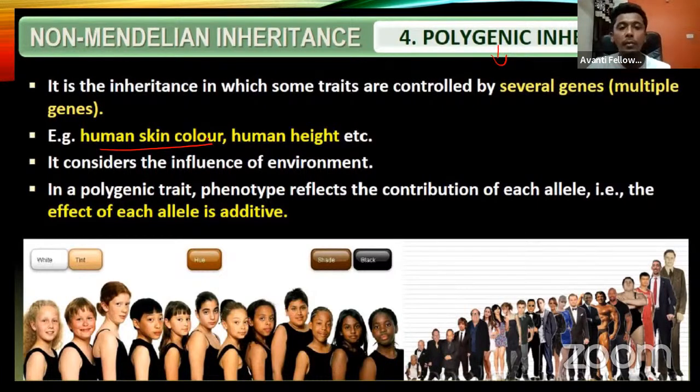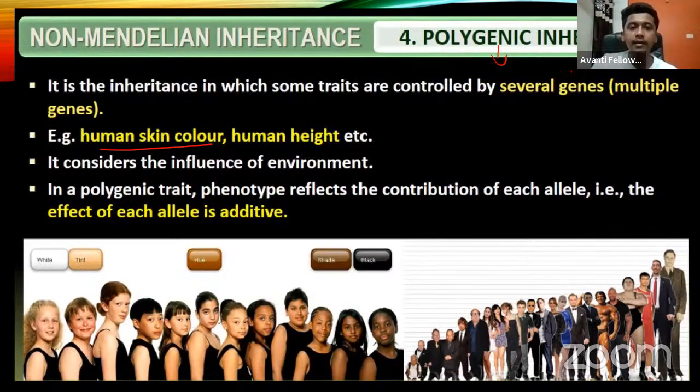We have so many different continents and countries across the globe, and people come in different colors. Some are very dark, some very fair, some dusky, some brown. You can see a variety of colors exhibited in just humans. How are there different shades of human color? The answer can come from understanding what polygenic inheritance is.